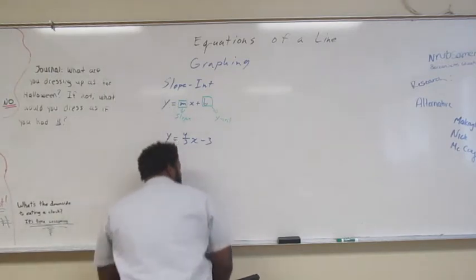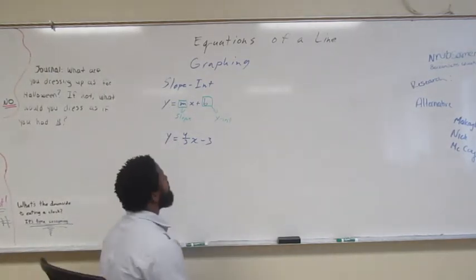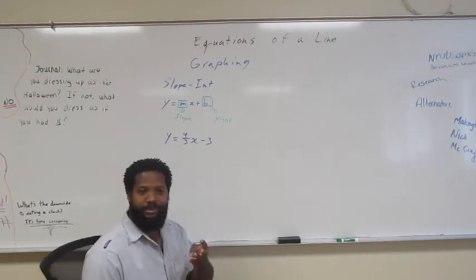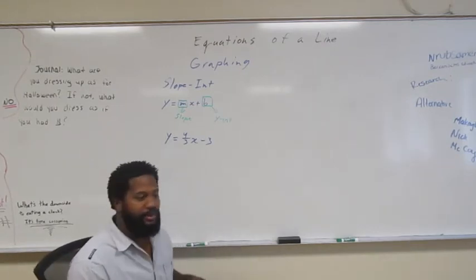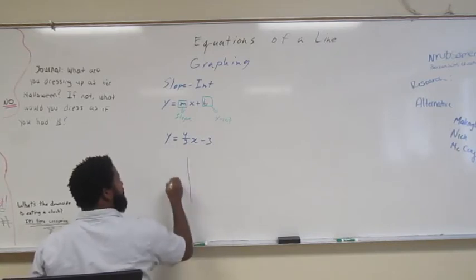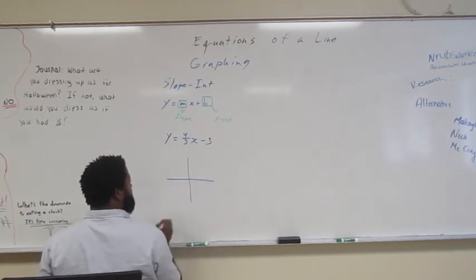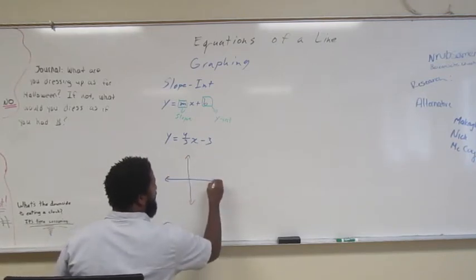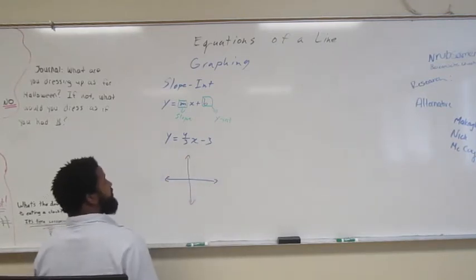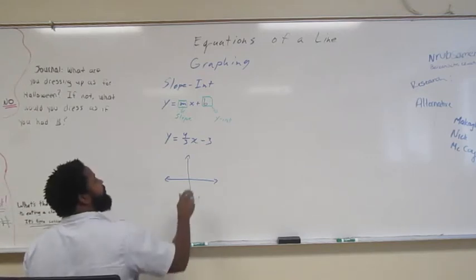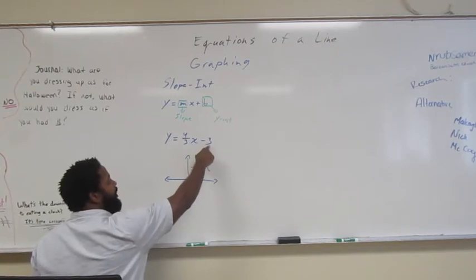In order for you to graph this, the first thing that you do, and I'm pretty sure a couple of y'all, this is coming back to your memory, you have a coordinate plane like so, right? From looking at this, the first thing you look at is your y-intercept.